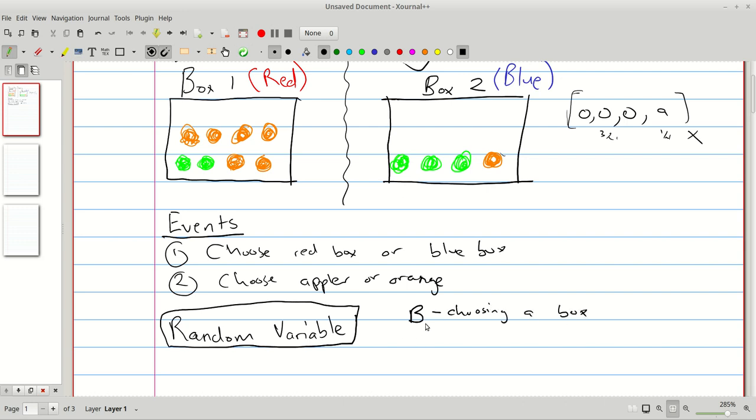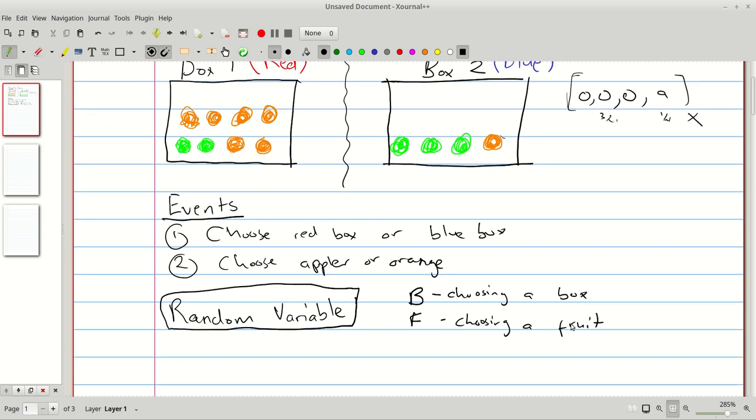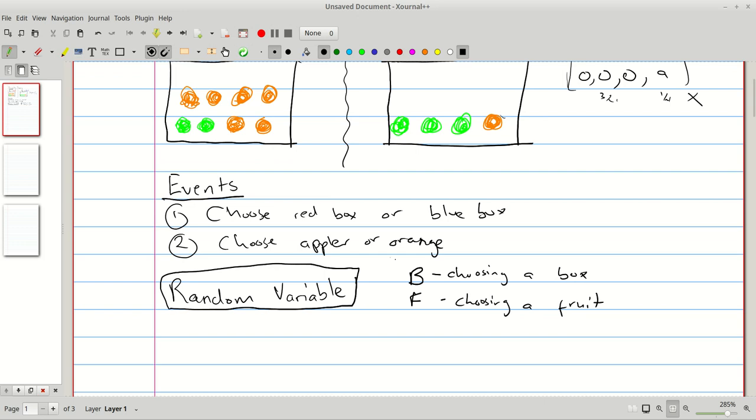And the other random variable is, let's call it f, and f would be choosing a fruit. The random variables are based on the events that we're trying to make, right? The first random variable is choosing a box, the second is choosing a fruit.